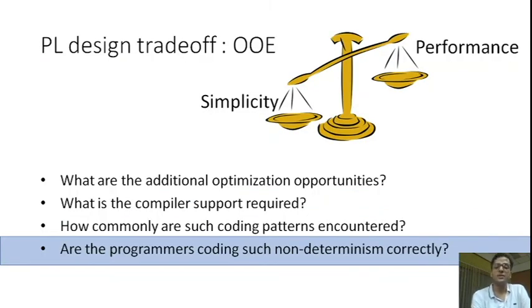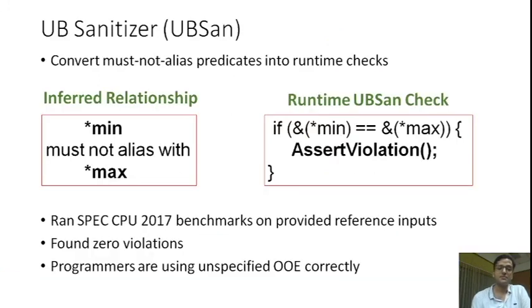Are the programmers coding such non-determinism correctly, or is it a source of programming errors? To evaluate this question, we implemented a UB sanitizer as part of the Clang LLVM framework in which OOElala is implemented. This UB sanitizer converts must-not-alias predicates inferred by the OOElala algorithm into runtime checks.